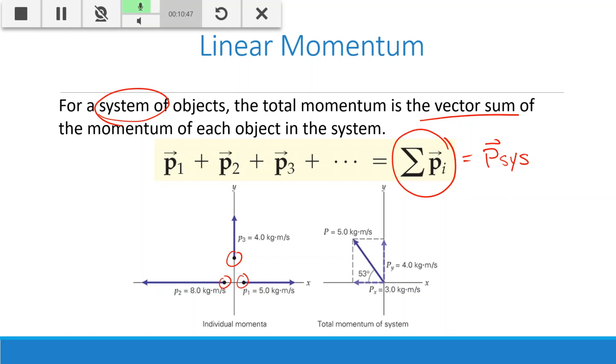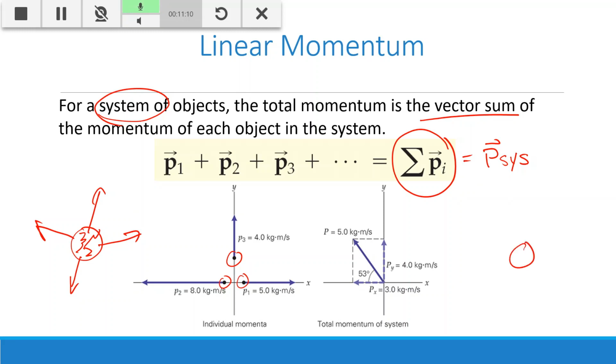So you could add up the momentum of the system and talk about this collectively. This is often what happens with things like explosions, where an object is together and then blows apart into different pieces, and each piece moves off in a different direction. Or you could talk about the momentum of an atom.